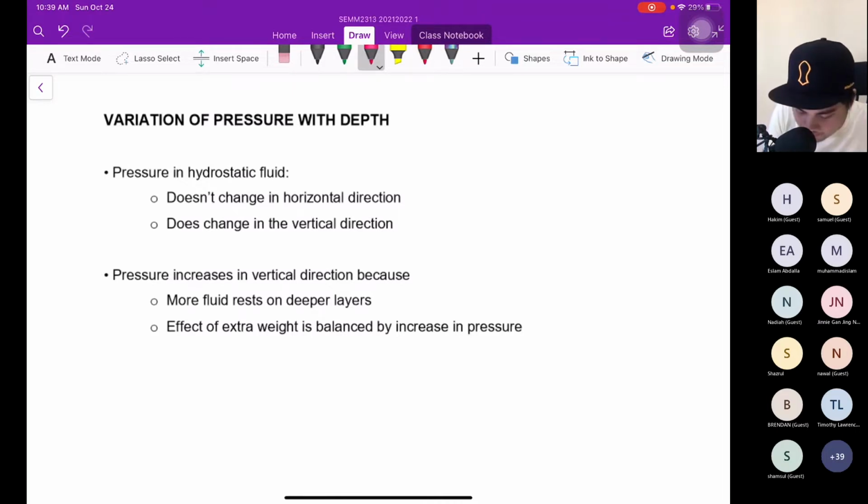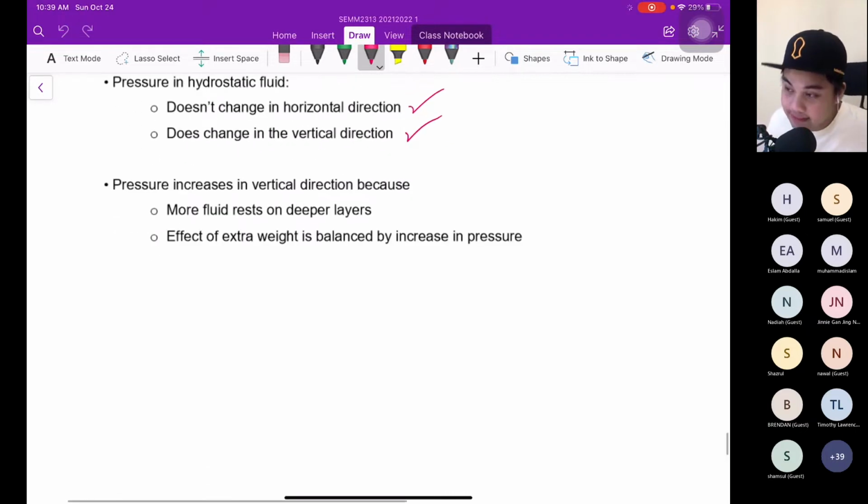This is correct. We have learned. And it will change in the vertical direction, correct? We have proven with the equation. The pressure increases. If you want to know why the pressure increases, it is because more fluid rests on the deeper layer.